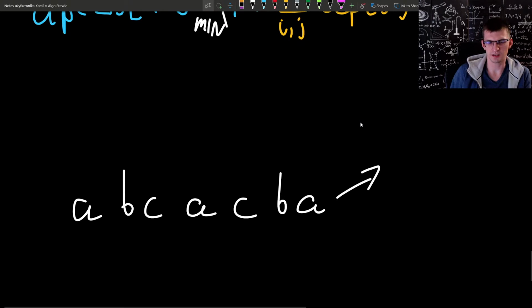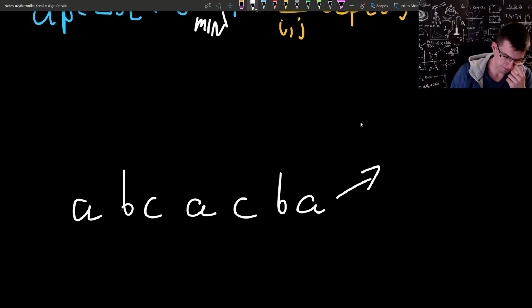Because if we consider every character, in particular A, then we kind of say that looking from the end, the first operation is to fix everything with A's, or actually this is the last operation.